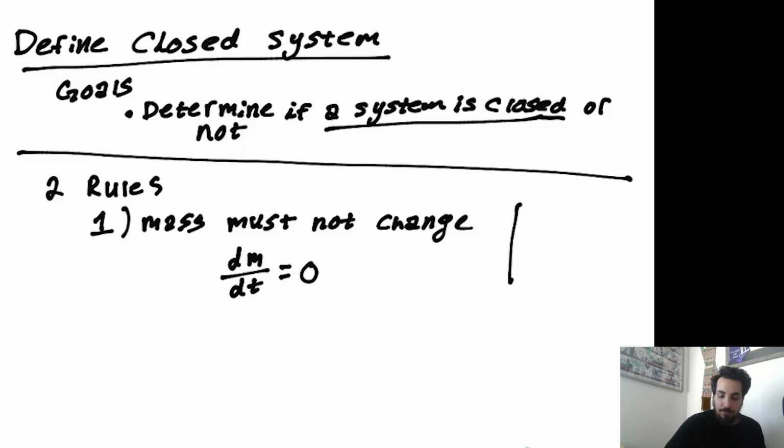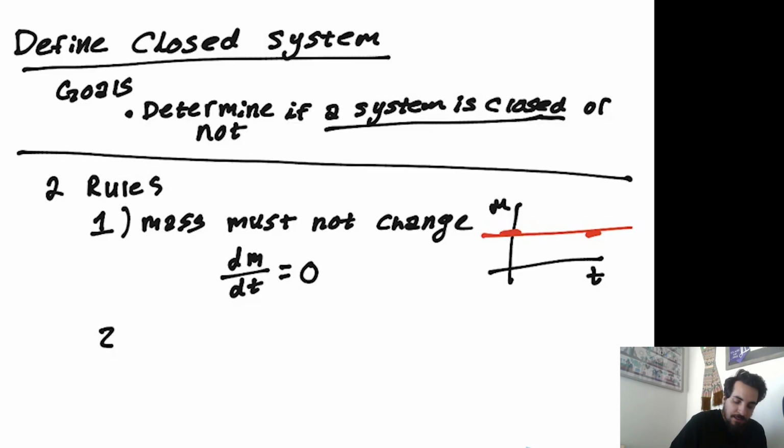In other words, if we look at a graph of mass versus time, whatever mass we begin with is the same amount of mass that we will always have. It'd be a straight flat line. So this is the first requirement, that mass must not change. And you might think, okay, well, this is an obvious requirement. I hesitate to say that because there are systems where mass does change.